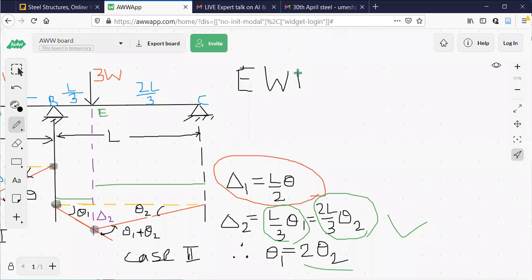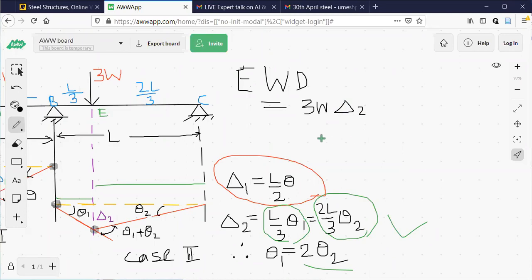done by the force equal to, force is 3 times W into, okay, I'll just write here delta 2, force into displacement.